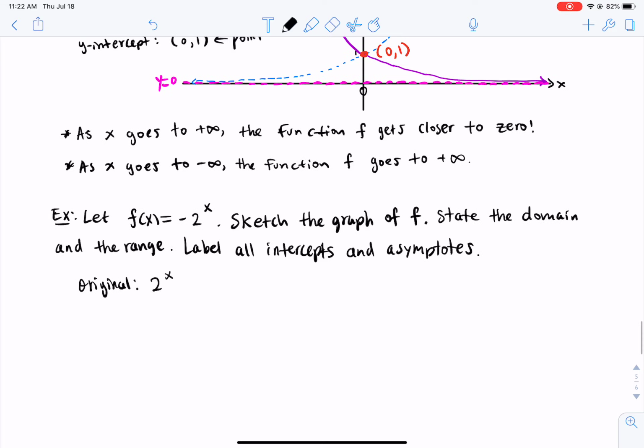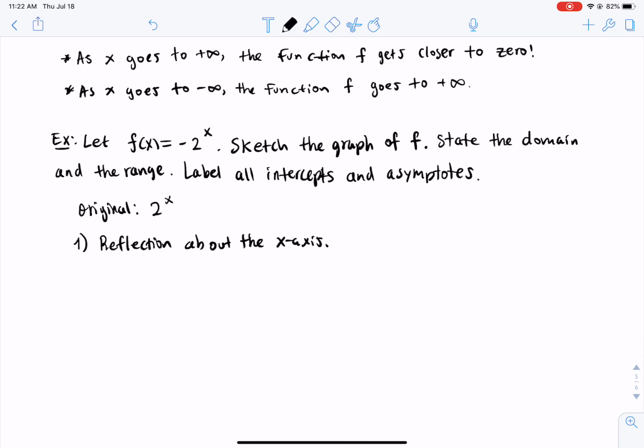So there's only one transformation, and this is a reflection. We can say over or about the x-axis. When you reflect this over the x-axis, how will the graph look? Well, this is it right here.